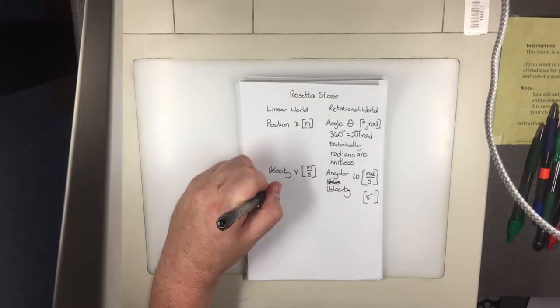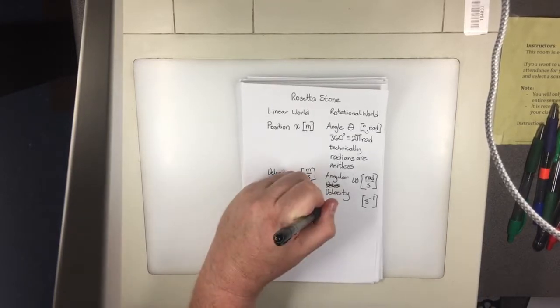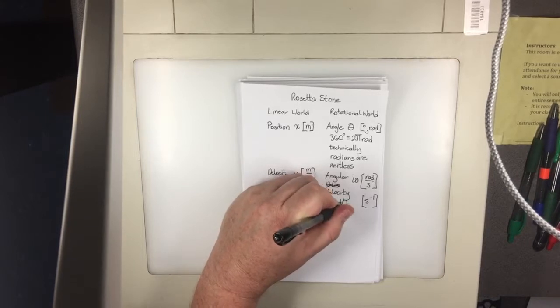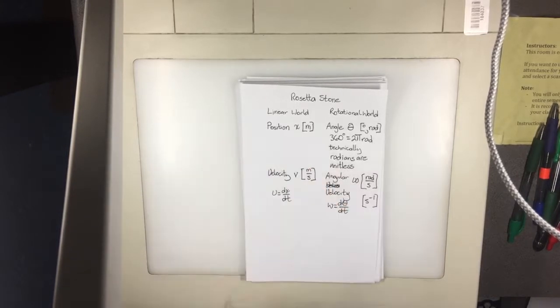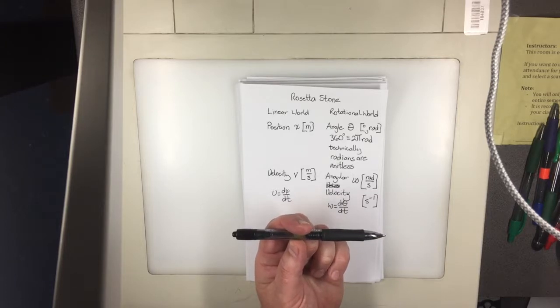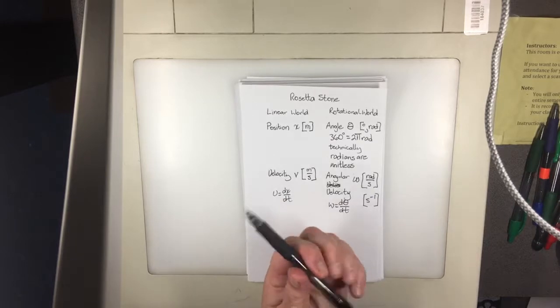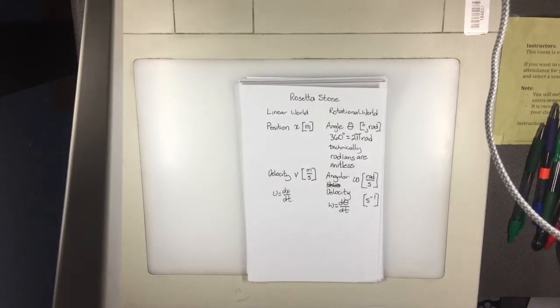Now, in both of these cases, v is dx/dt, and omega is d theta/dt. So the change in position with respect to time is velocity. The change in angle with respect to time is called omega. This particular pin has no omega, but as it rotates, now it does. So omega allows you to see how quickly that thing is spinning.